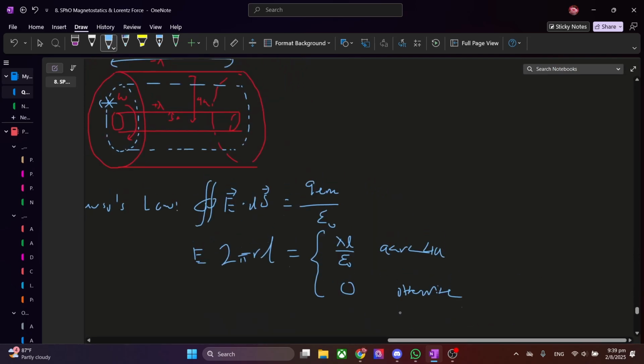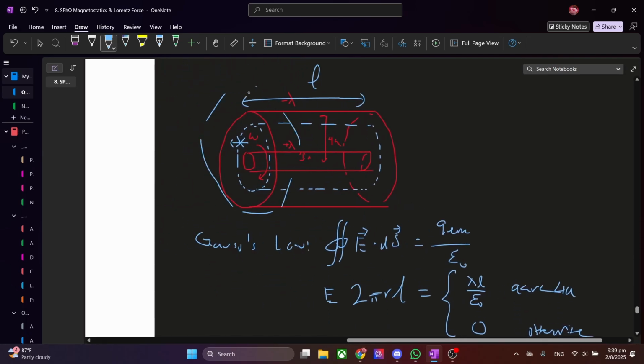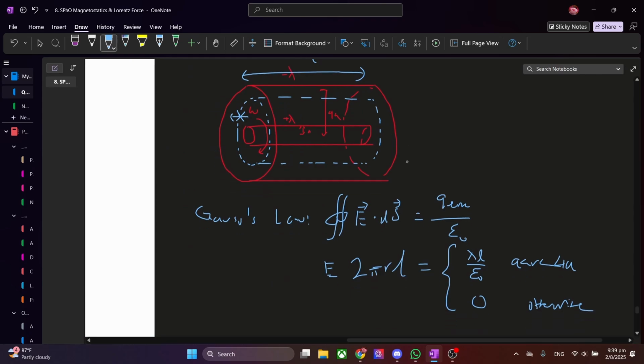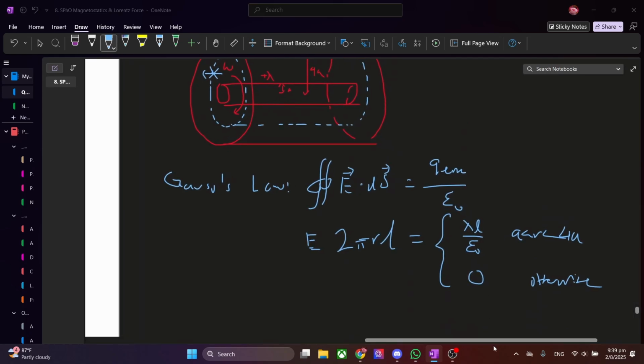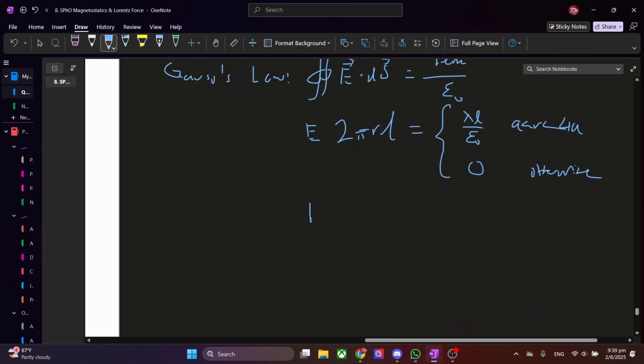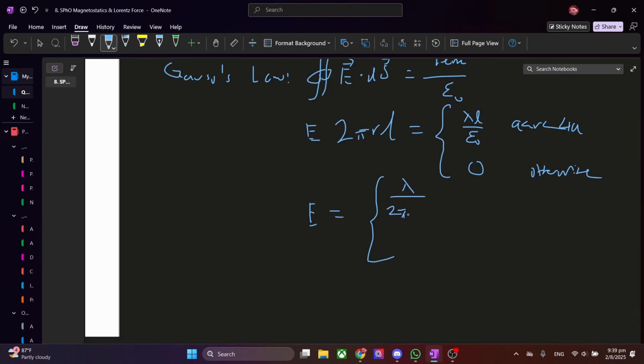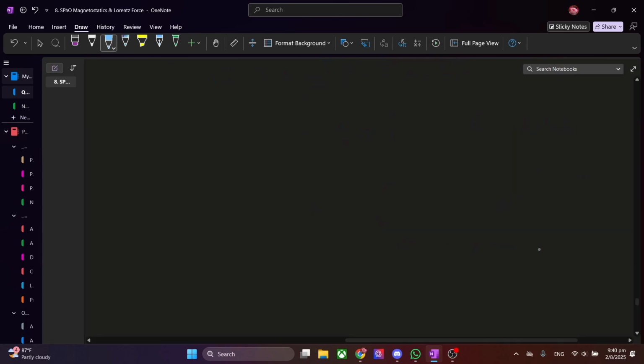But if it's outside everything, you're enclosing both the plus and minus, so they cancel out. With that, you can then calculate the electric field easily. Again, we can split it into cases: lambda over 2 pi r epsilon naught between these two radii and 0 otherwise. So that's your electric field.